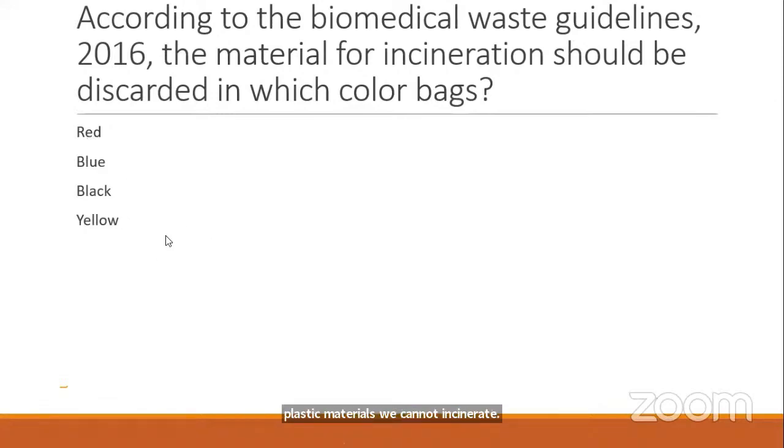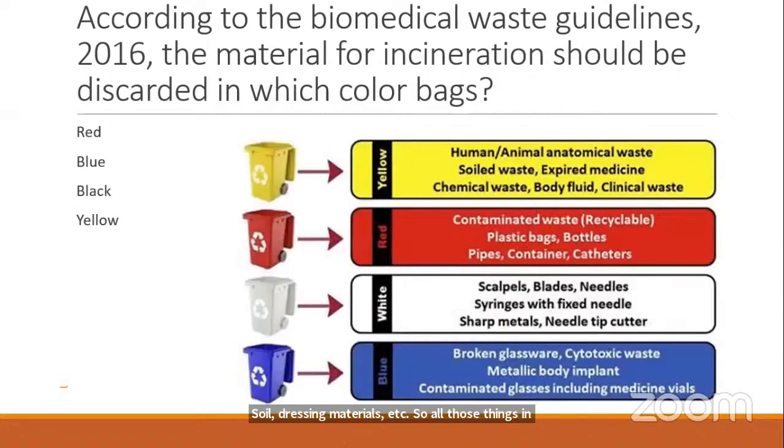It is the yellow bag in which we put face masks, tissues, body parts, and soiled dressing materials, etc. All those things in the yellow bag can be sterilized using the incineration technique. So this is the basic thing. You can read that from the PDF.